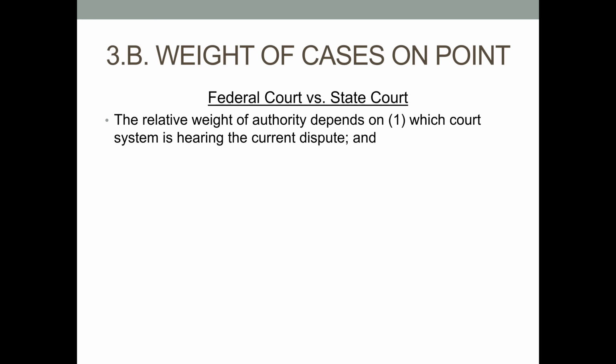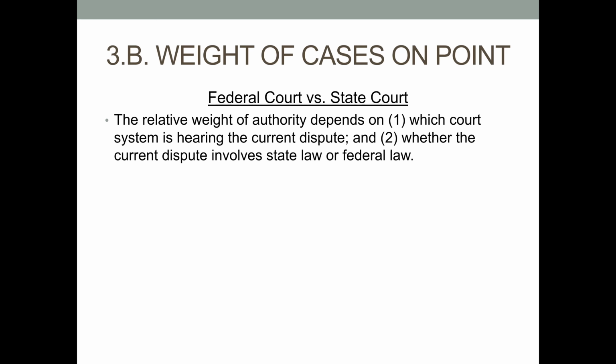One is, what court system is your client's case currently pending in, or would it be pending in if it were to be filed? So that is, what is the current court system we're dealing with where the client is? And secondly, does your client's current dispute involve state law or instead federal law?